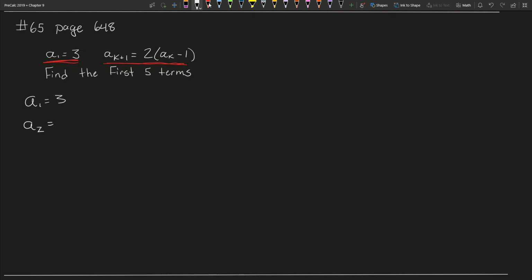And if we just replace 2 into our rule, we can rewrite A2 as A1 plus 1, which we have to do to match our rule. So K is really 1, and AK in this case is A1.